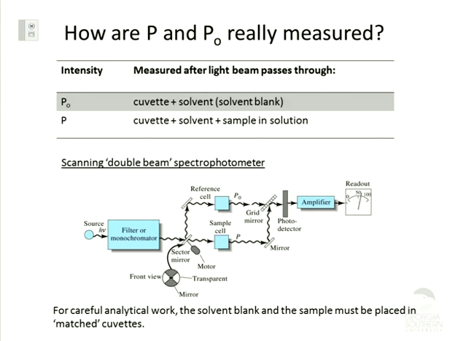So something that contains the same solution, maybe other things that might be present, ions or whatever, everything except the sample, we'll call a solvent blank.